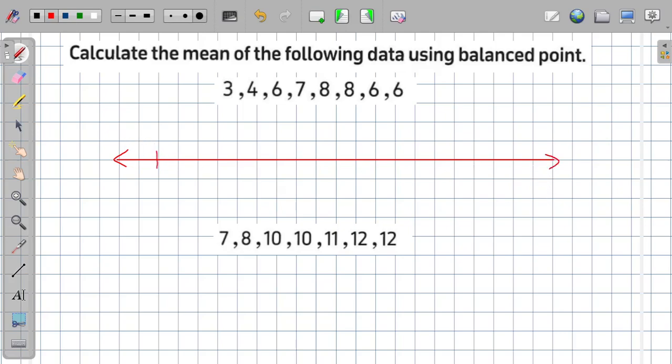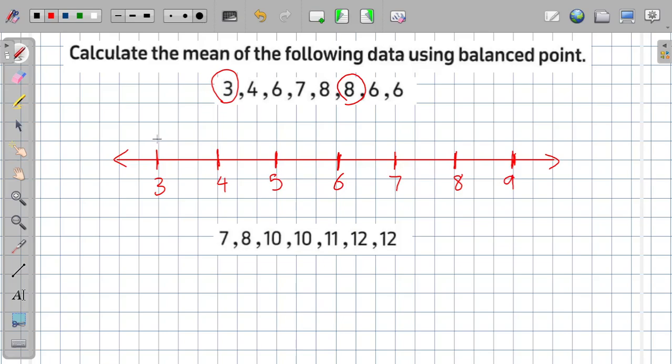So I have 3, 4, 5, 6, 7, and 8, and 9. The smallest number here is 3 and the biggest number is 8. So 9 is not important.